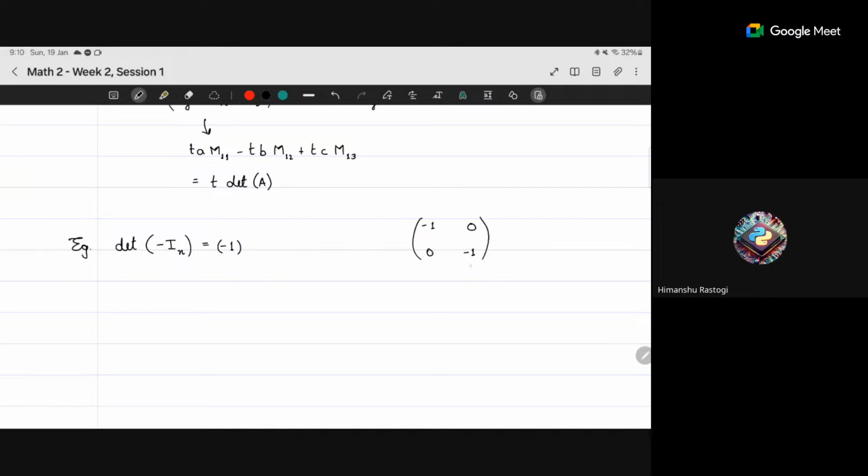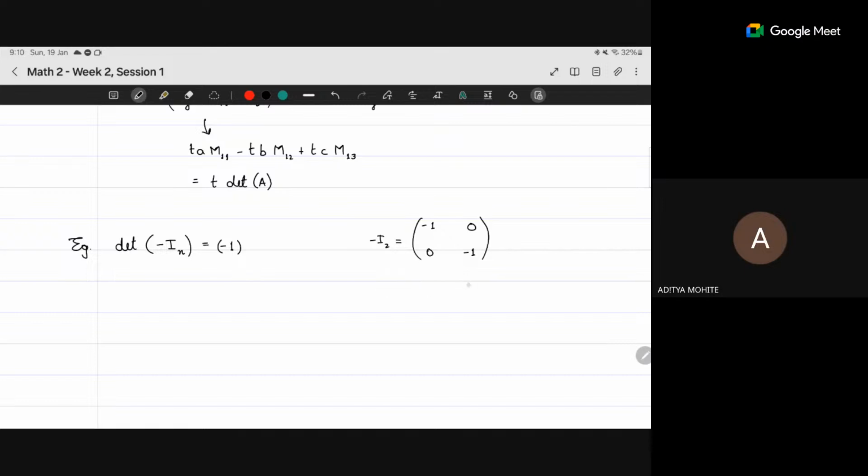It will depend on n, right? Whether it is even or odd. It will depend on the order of the matrix. So -1 is not true in general. It depends on whether n is even or odd.